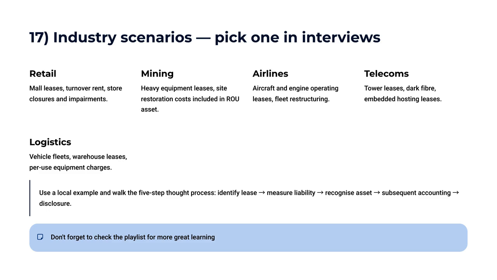Telecoms: tower leases, dark fiber, embedded hosting leases. Logistics: vehicle fleets, warehouse leases, per-use equipment charges. Use a local example and walk the 5-step thought process: identify lease, measure liability, recognize asset, subsequent accounting, disclosure.